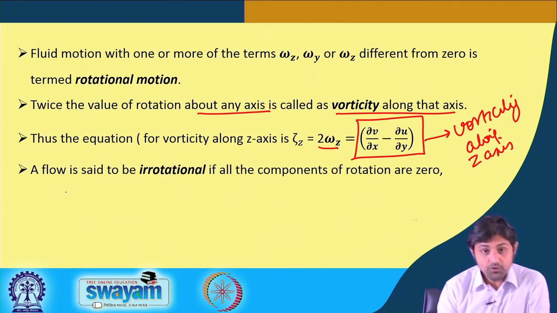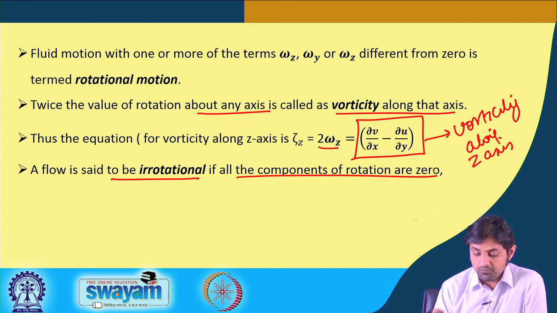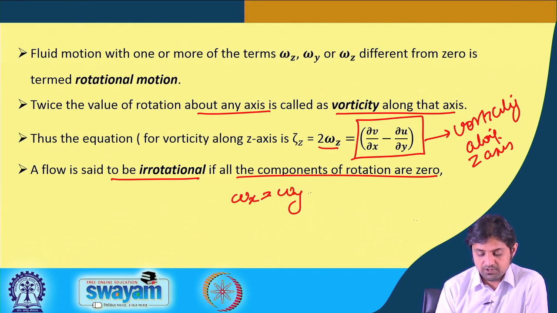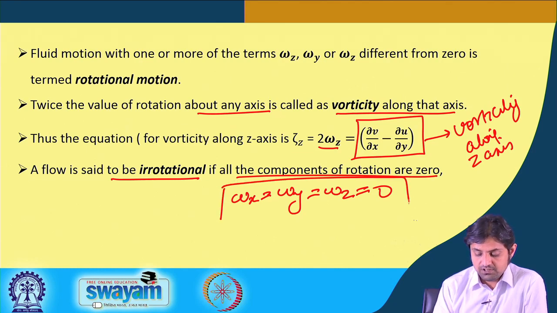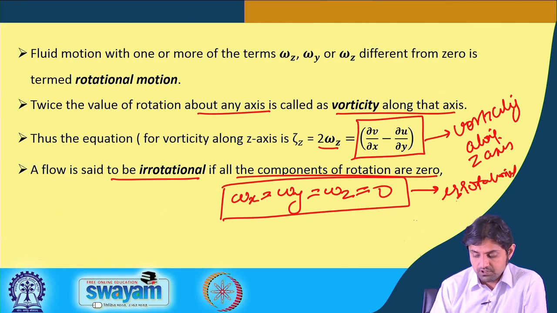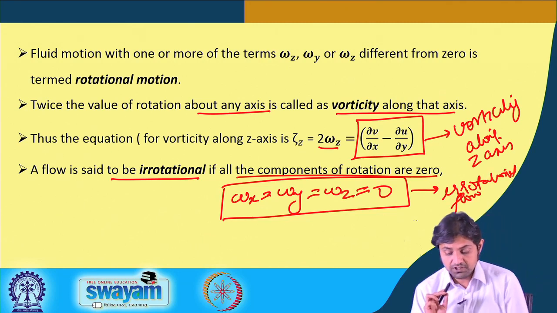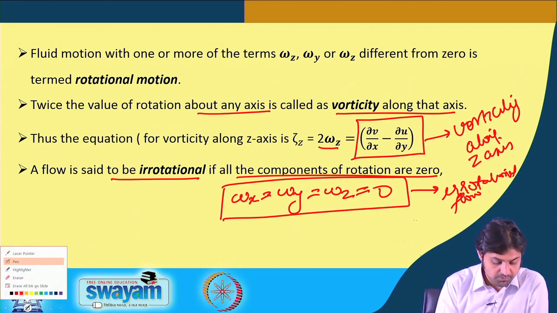So, a flow now is said to be irrotational if all components of rotation are 0. So, that means omega x is equal to omega y is equal to omega z is equal to 0. This is the definition of irrotational flow, and let me write it more properly.